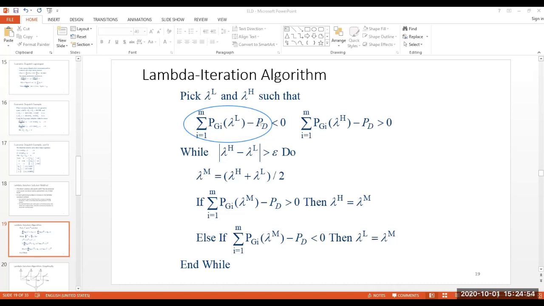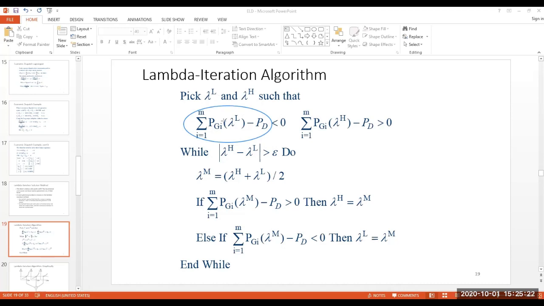I am trying to minimize this error as much as possible. The best is that they are exactly matched. This is the best possible solution. Now, because I don't know the exact value of lambda to start with, I have to pick two lambdas for this algorithm. One lambda would satisfy the first condition here. What is the condition?